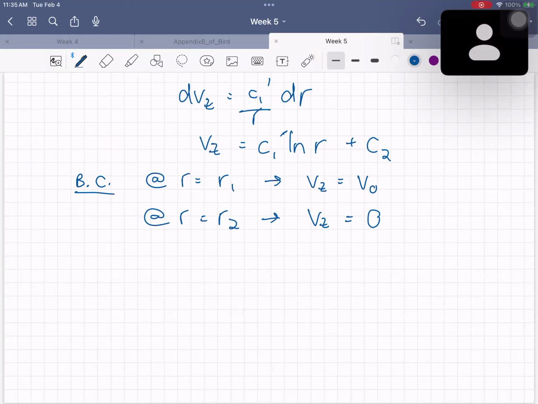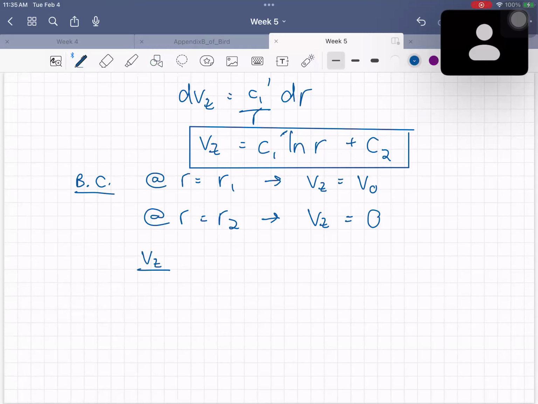All right, so just solve it, okay? So I'm not going to detail solving this equation, all right? I'm not going to spend time on this. I think you can work it on your own, all right? So I'm just going to give you the result, all right? Vz over V0 equal to log of r over r2, divided by log of r1 over r2.